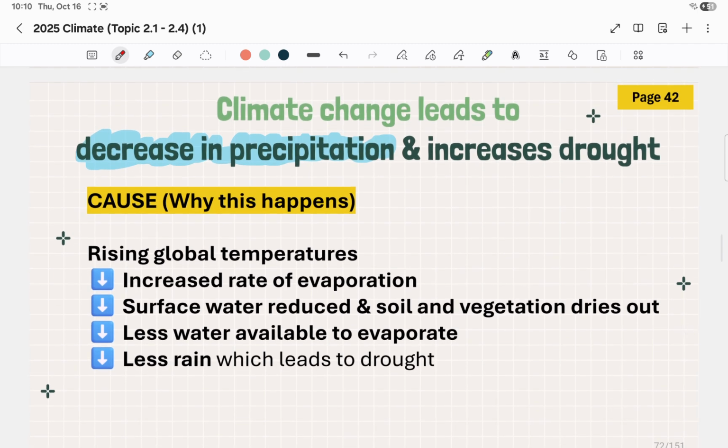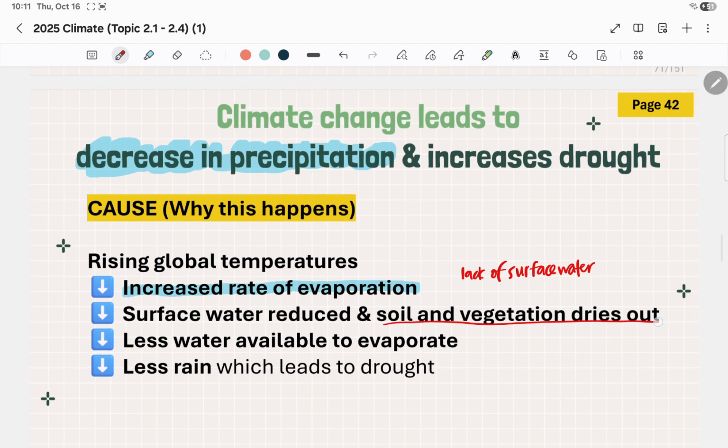Okay, so one thing that is common is that it causes an increased rate of evaporation. But if you are in a place where there is a lack of surface water, meaning you have less water available, and as a result you don't have regular replenishing of this surface water, your soil and your vegetation will dry out. So if there's a lack of surface water, there's less available water to evaporate, right?